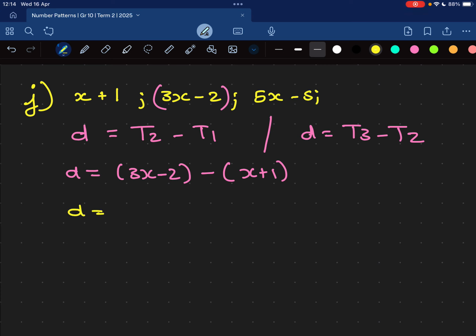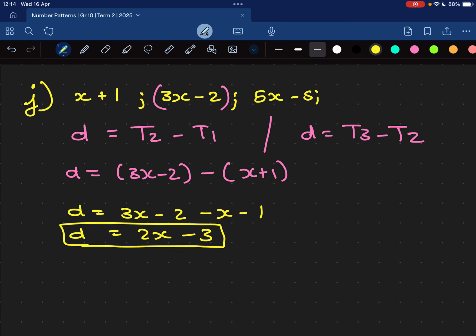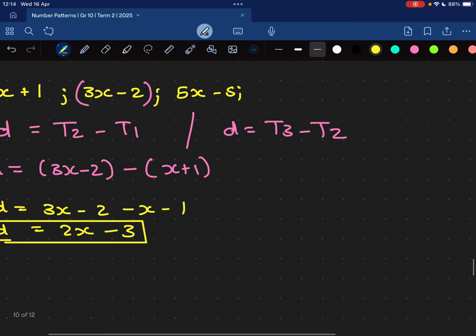So d is equal to 3x minus 2 minus x minus 1. And then we simplify: 3x minus x is 2x, and minus 2 minus 1 is minus 3. Okay, so this is the common difference in terms of x.